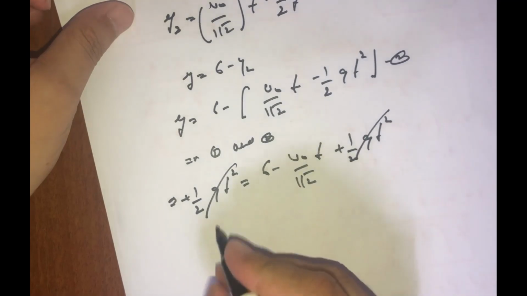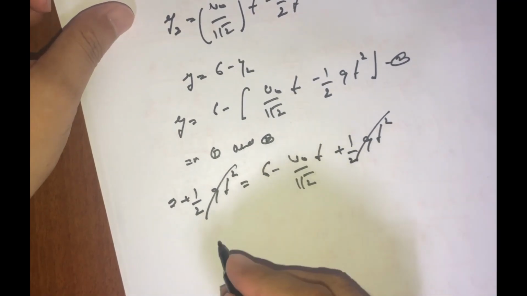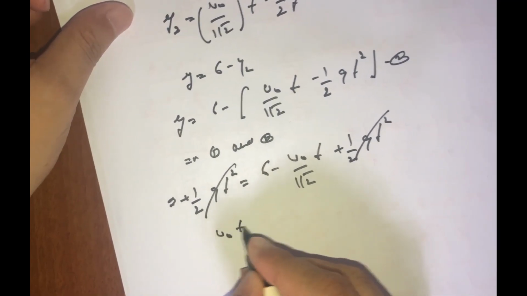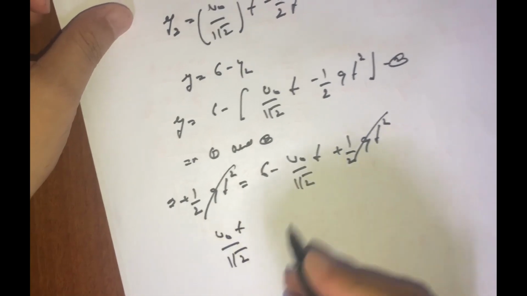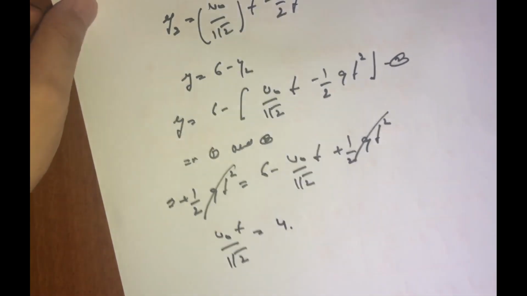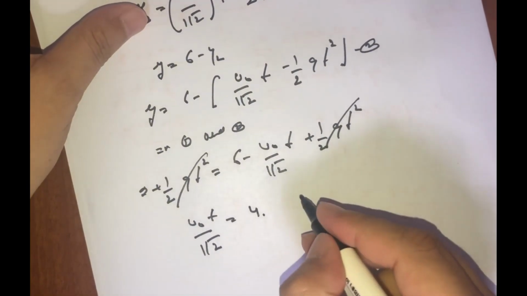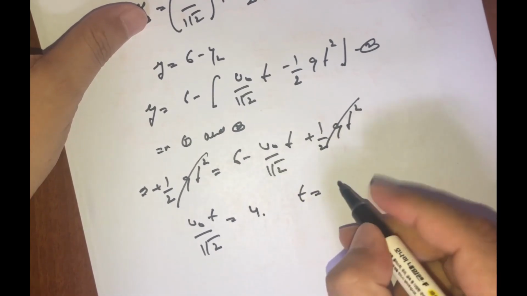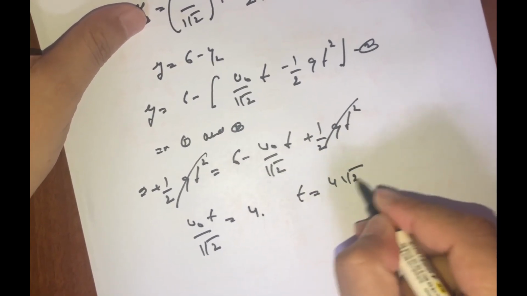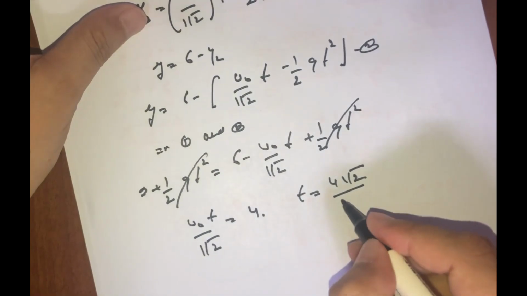So we are left with V0 root 2 t is equal to 4. So from here we can say that t is equal to 4 multiplied by root 2 divided by V0.